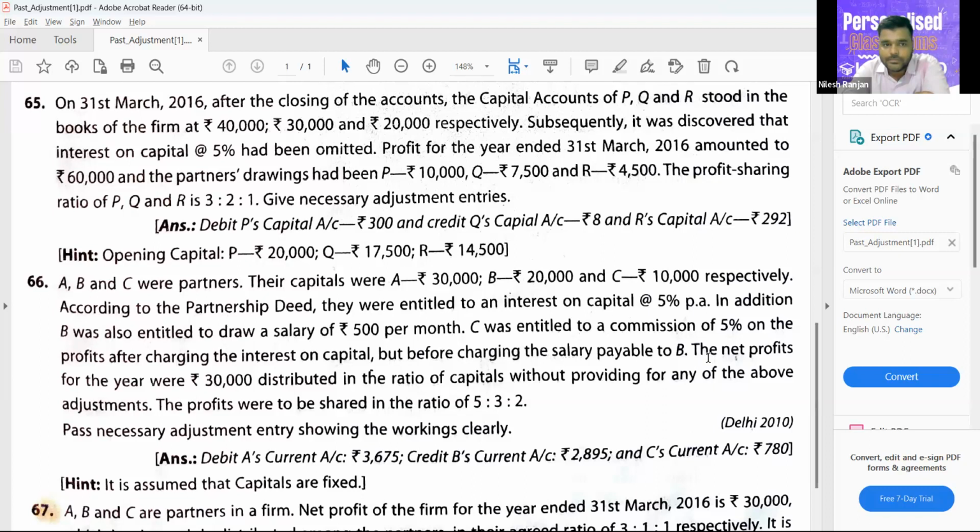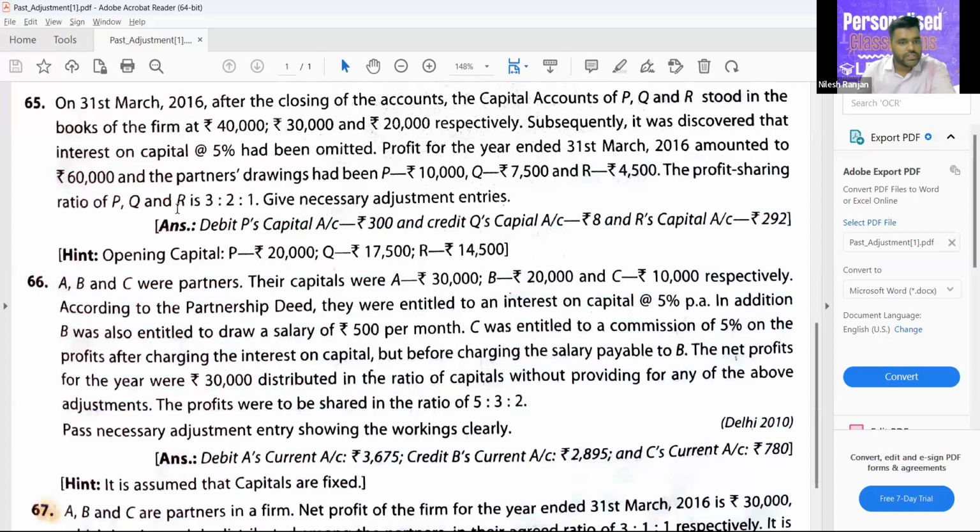Like drawings given in the question: P 10,000, Q 7,500, and R 4,500. This drawing is already deducted from the capital, so now we have to add it back. First of all, profit is given before drawings, 60,000, and the profit sharing ratio is 3:2:1.